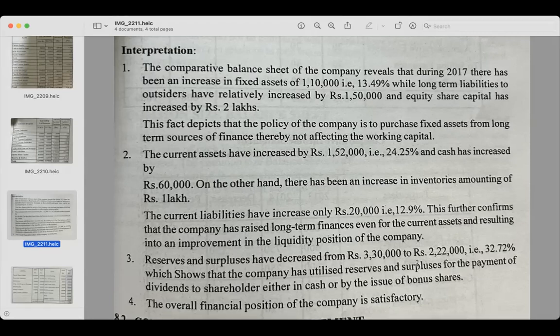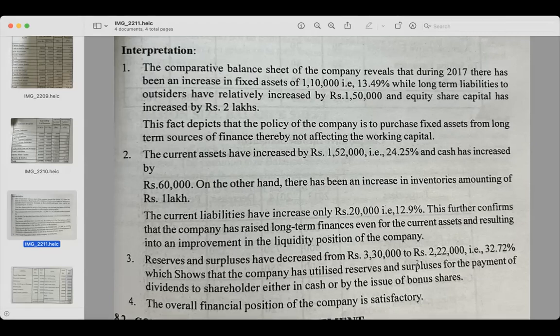So whatever it is, the overall position of the company is satisfactory. If all rules are fulfilled, then you can say the company's financial position is excellent, or impressive. So these are the concluding sentences or words you can write.